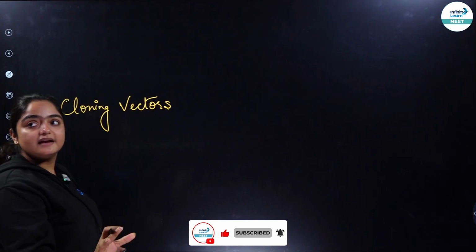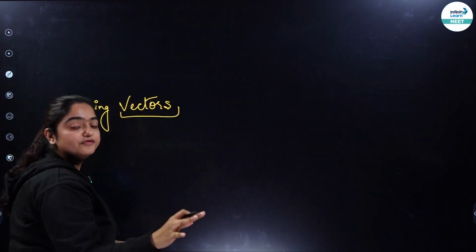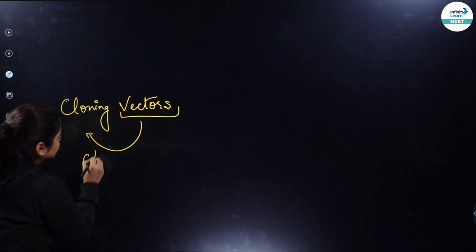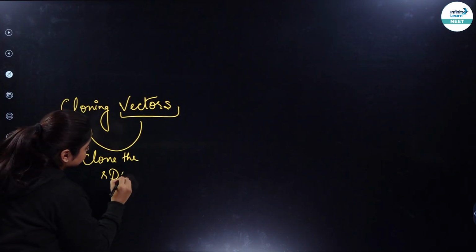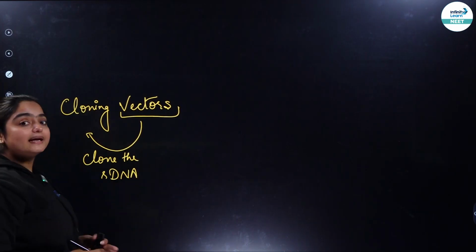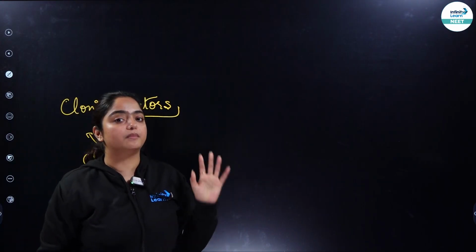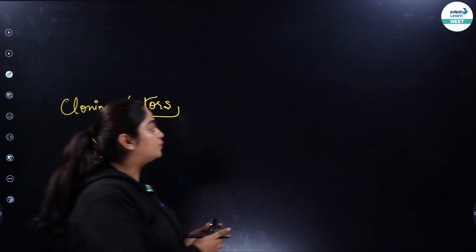When I say cloning vectors, by the name itself it's pretty clear that we require vectors which will help us to clone the recombinant DNA, correct? That's our ultimate motive. What do we usually do?